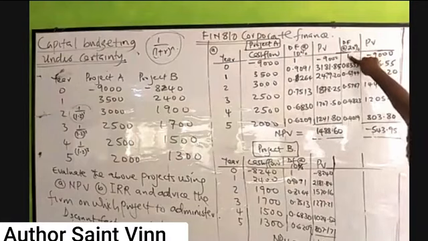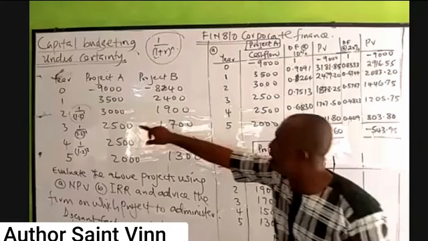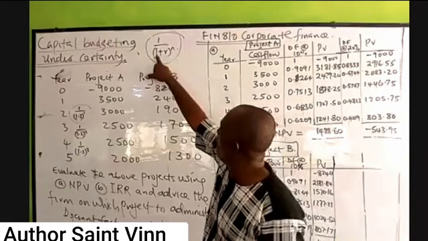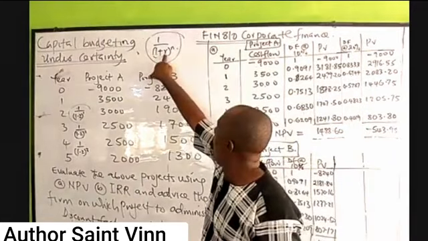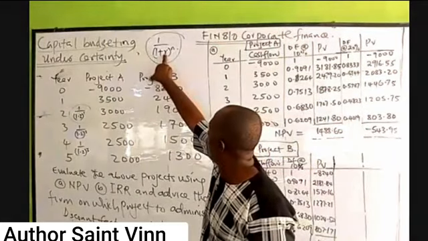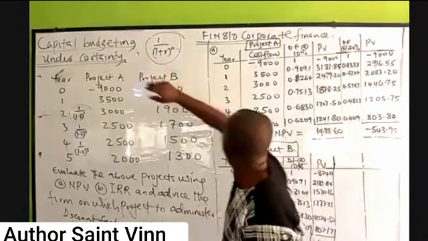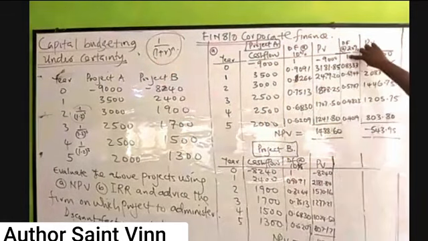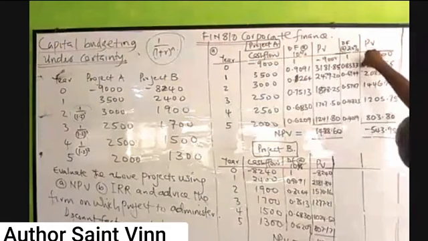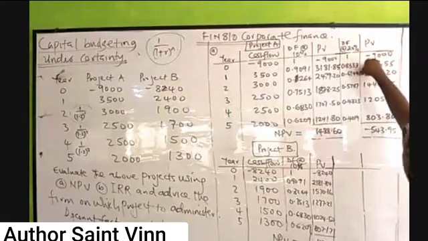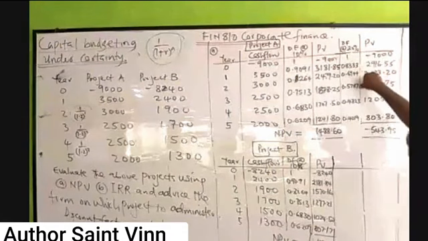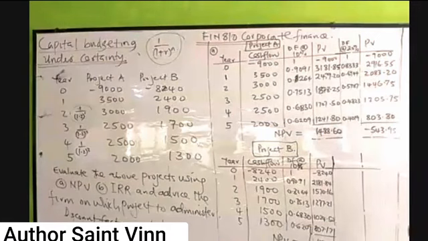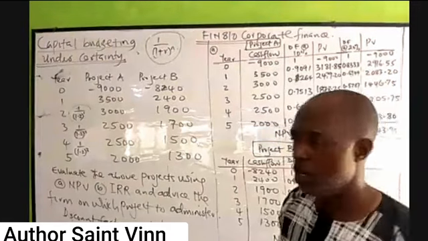You divide this one by the denominator, which is 1.2, because R is 20%: 0.2 plus 1 gives 1.2. You divide this one by 1.2, you get this. Divide this one by 1.2, you get the next. Divide this by 1.2, and you follow like that. Is it clear?